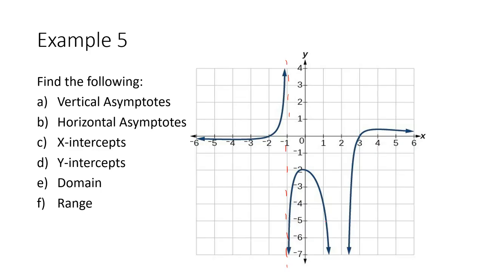It looks like I also have a vertical asymptote right here where the function is following the graph down in both directions. So my vertical asymptotes are at x equals negative 1 and x equals 2.